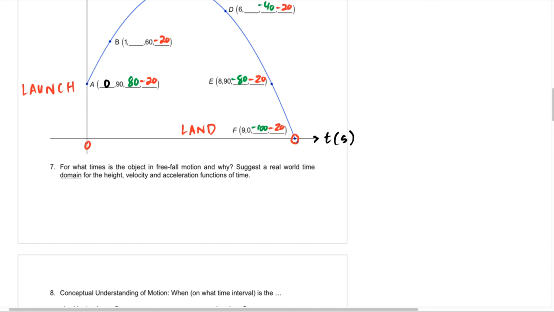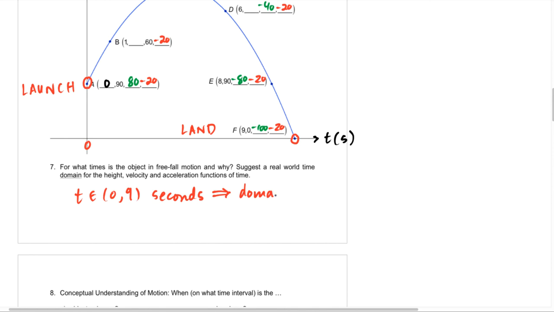And so this force is in addition to the gravity force, and gravity is no longer the only force acting. Similarly, whatever is causing the launch is a force, and we have to remove that time value from the time domain for free fall. So time is going to be contained in this case from 0 to 9 seconds, which is the domain for free fall motion.